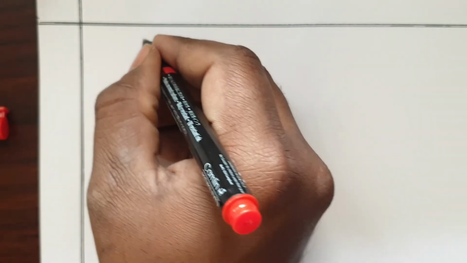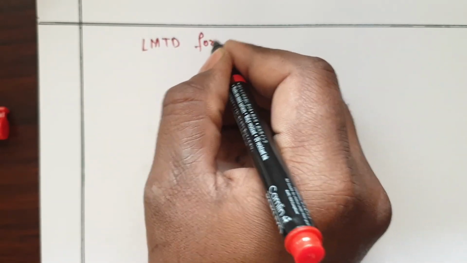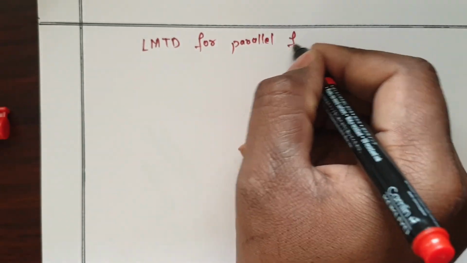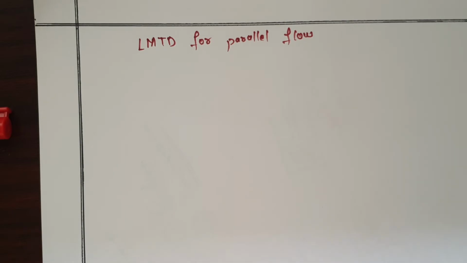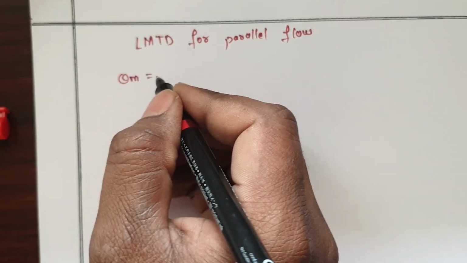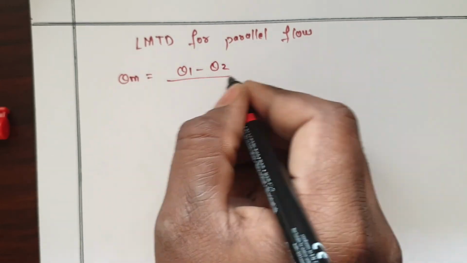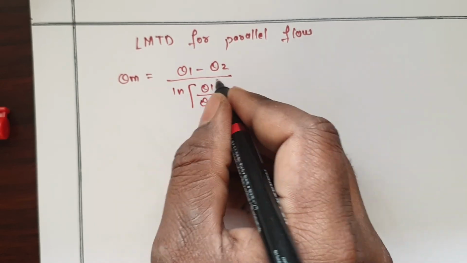After that, you have to write LMTD for parallel flow, because in the question it is clearly mentioned that the given one is the parallel flow. So, here you write down the formula for theta m. What is the formula? Theta m = (theta 1 minus theta 2) by ln of (theta 1 by theta 2).